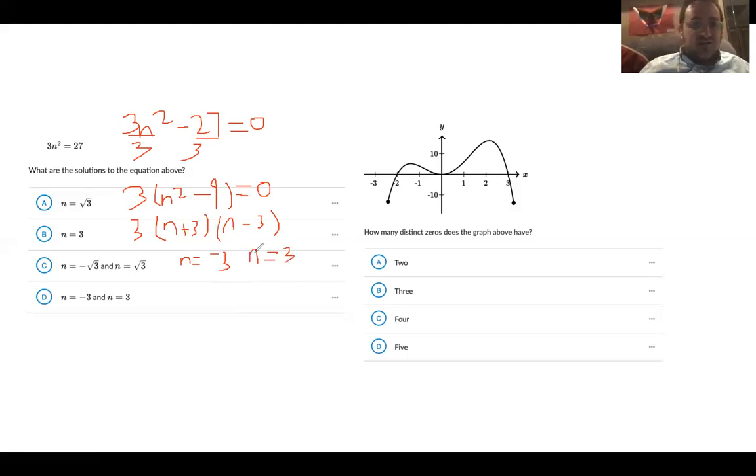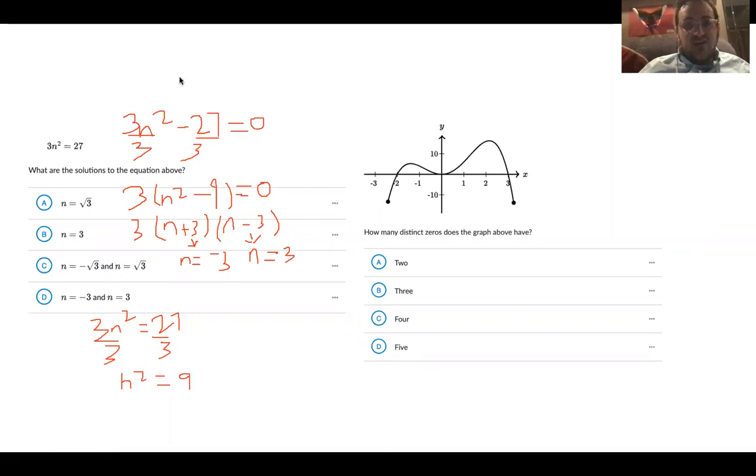But it turns out that I don't have to do fancy factoring with algebra. The way I would do this if I were taking the SAT would just be to do 3n squared equals 27. This is 3 times n squared, and I might ask myself, what is the opposite of times? The opposite of this would be to divide, so I'm going to divide by 3. So I have n squared is equal to 9.